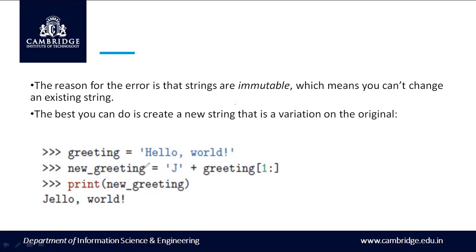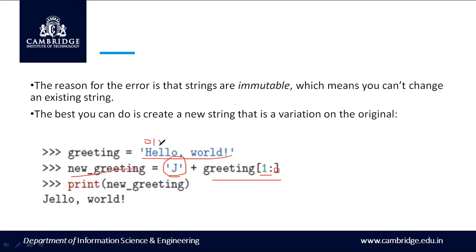Here you can see greeting holds the string hello world. I have another variable, new greeting. What I do is concatenate the character J with the slice. Here I have omitted the second index, so the slice begins from the starting. greeting[1:], so the offset values start like this: 0, 1, 2.